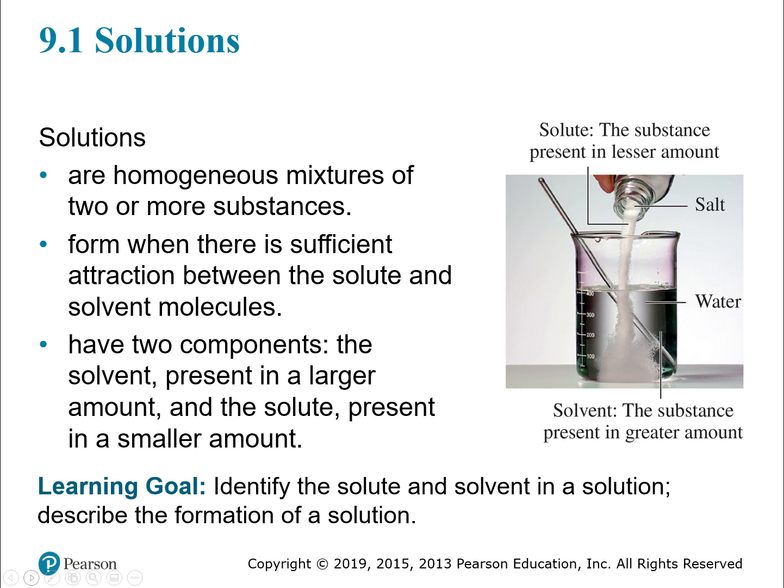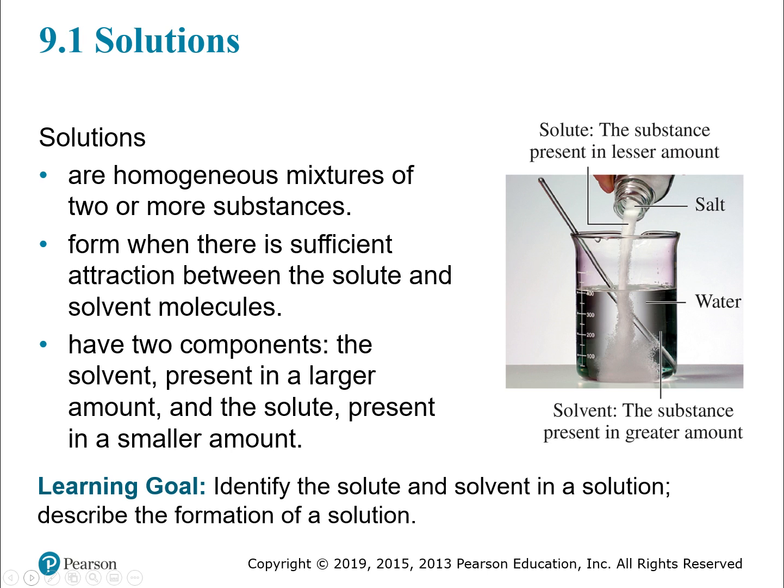So a solution is homogeneous. It's got two or more substances in it. If you look at a solution, you can't see the salt crystals and the water, right? The solute, which is what's dissolved in the solvent, and the solvent have to interact.